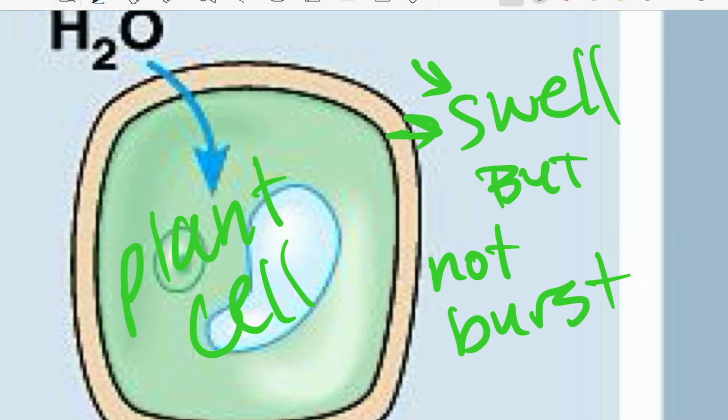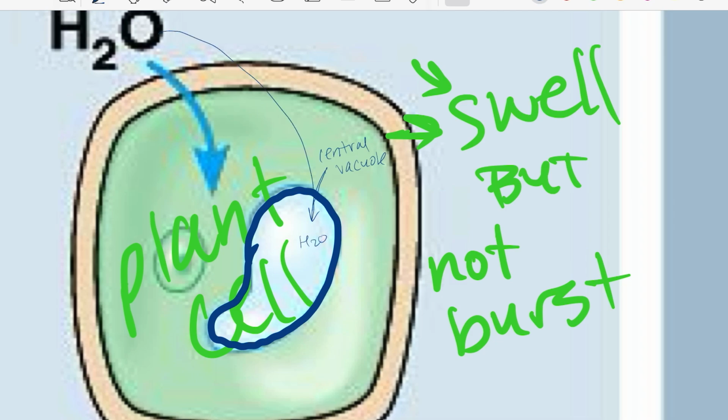The water will actually go into this part here, which is called the central vacuole. We learned that. Water will move into the central vacuole, and the central vacuole will cause the cell to push out against the cell wall. Remember, this here is the cell wall.